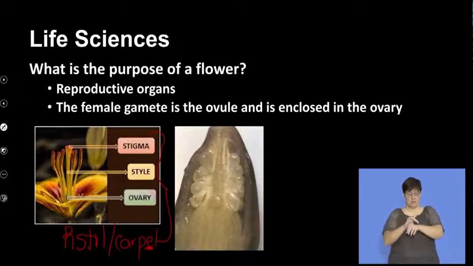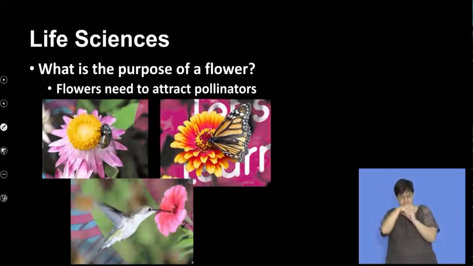So when we have the female gamete, the female reproductive part, she's made of all of those. Guys, these are the ovules. Can you see these are the female egg cells inside the ovary, and they are ready for the pollen, for fertilization to occur.